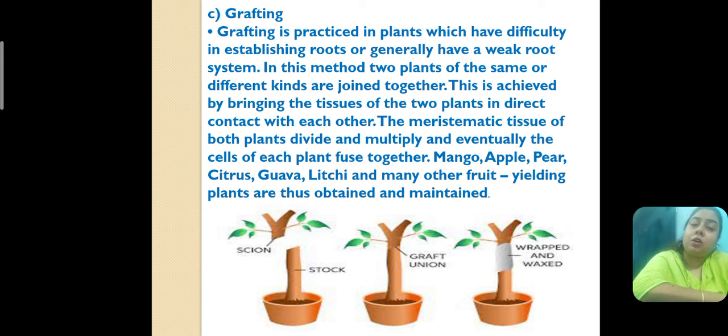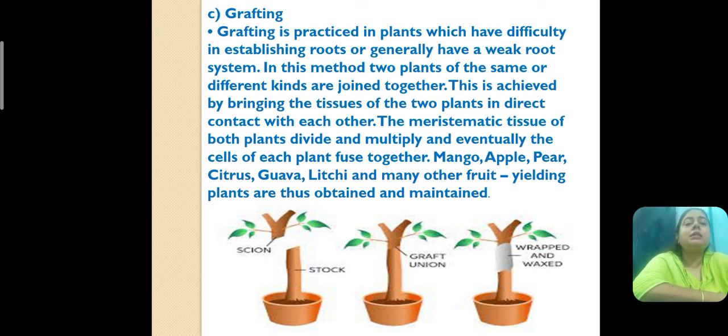The plant is already of a certain height and a certain age. Hence, flowering and fruiting is earlier. But the most important is that they are genetically identical to their parent plant, which maintains the same characteristics in the parent and the offspring plant.